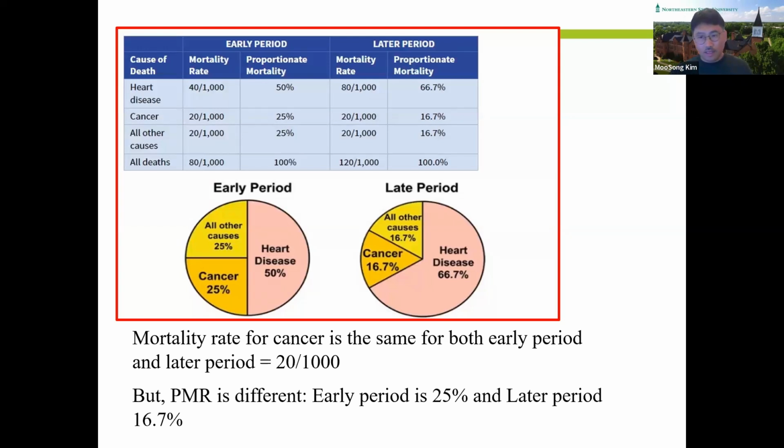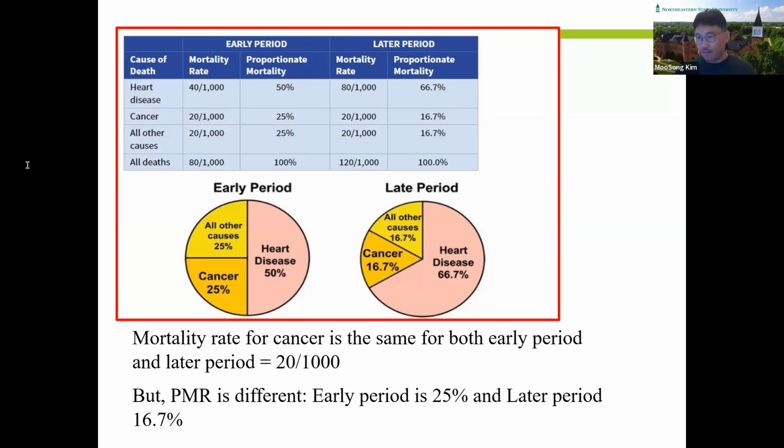Okay, so let's talk about the characteristic of proportionate mortality rate. Please look at these tables. Please look at the mortality rate for cancer, early period and later period.